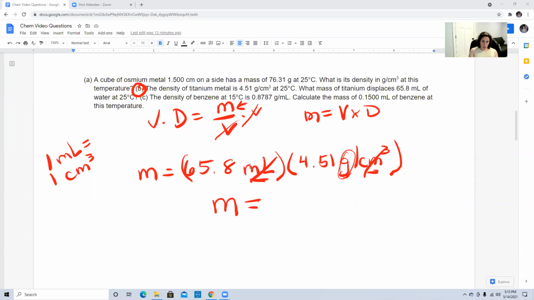So just do the multiplication, 65.8 times 4.51, and we have 3 sig figs. So I'm going to round this to 297 grams. Okay, again, pretty straightforward other than changing the equation around a bit.